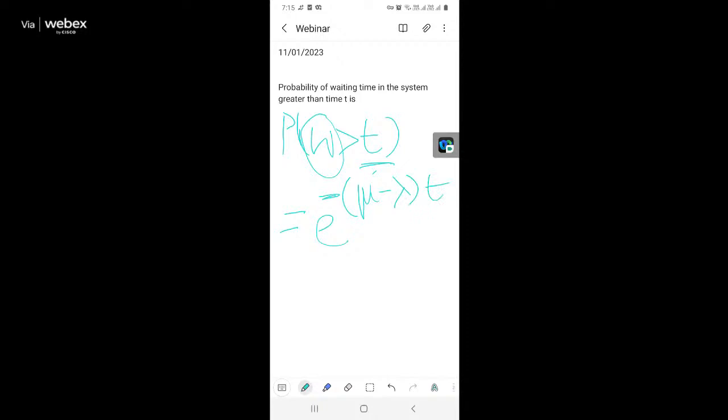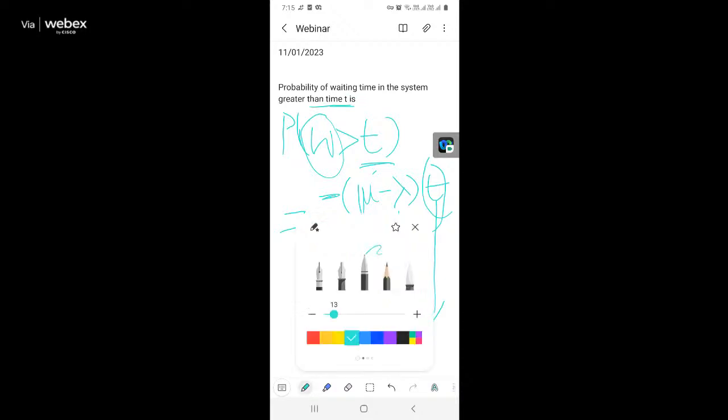So this is the formula. You know already mu is the mean service rate, lambda is the mean or average arrival rate, and t is the time. So this is how you get the probability of waiting time greater than the time t. Please note this. So I'll go to the next one.